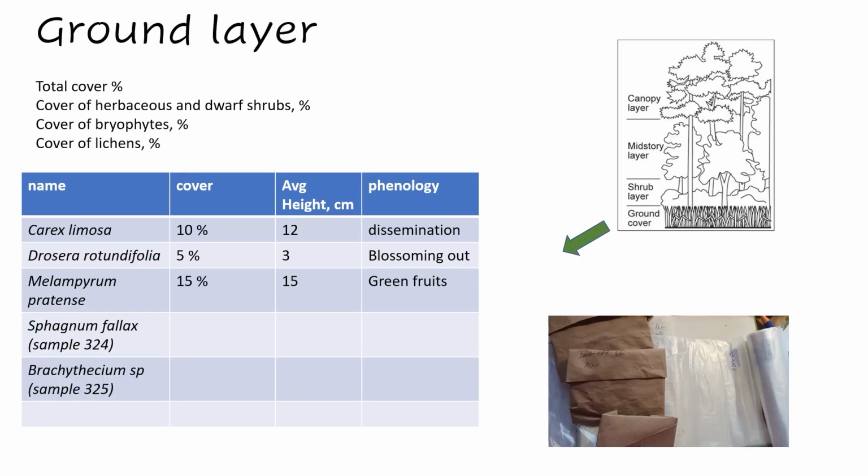And finally, the ground layer. The ground layer is presented by dwarf shrubs, all herbaceous vascular plants like sedges, grasses, etc., and mosses, the moss layer, which we put as bryophytes, as we put sphagnums and green mosses together.